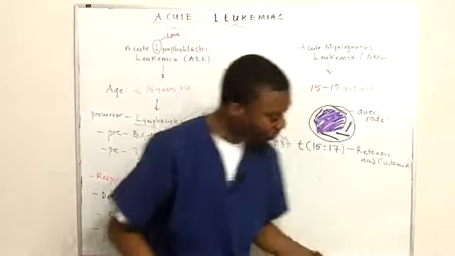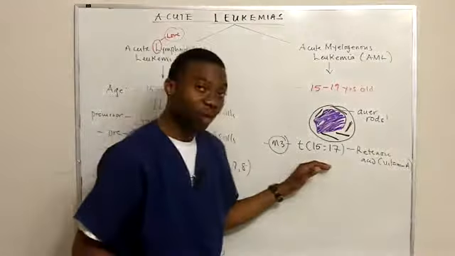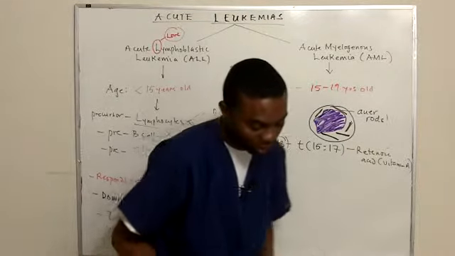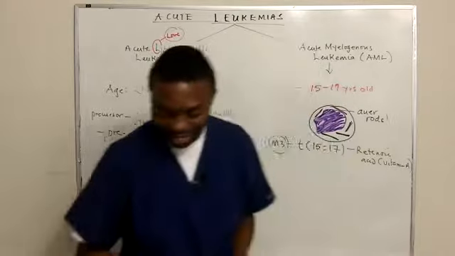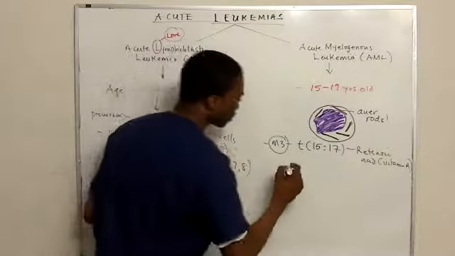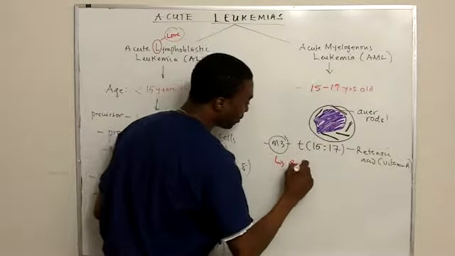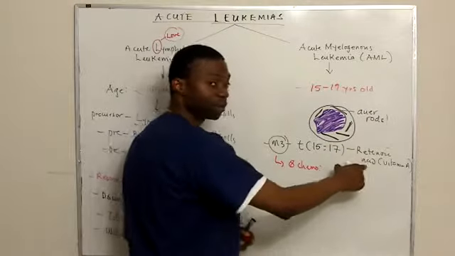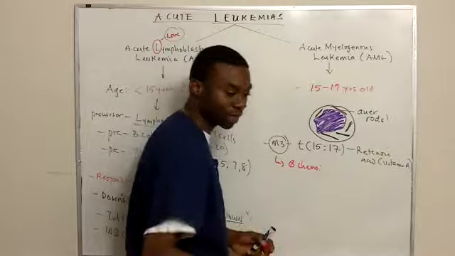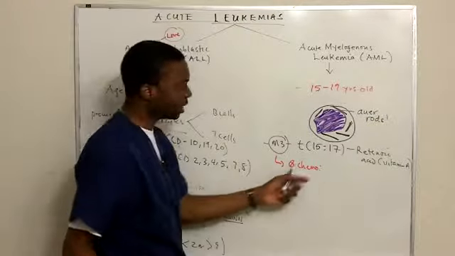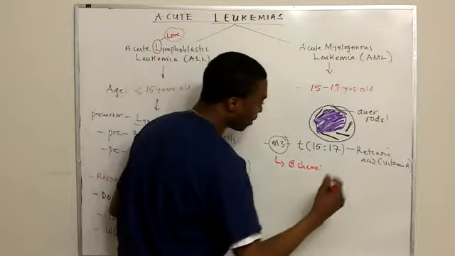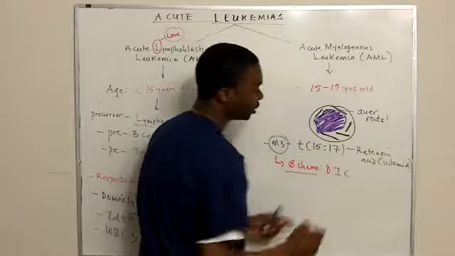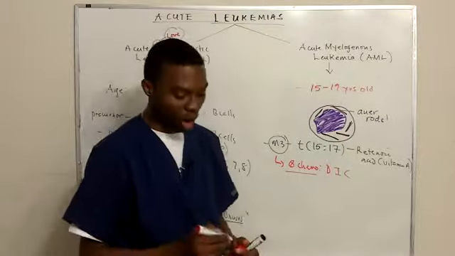So also remember that we cannot blast these patients with chemotherapy, because if we do, they're going to develop DIC. So be careful. No chemotherapy if a patient has the M3 form, because we can just give them vitamin A and basically convert the immature cells to mature ones. But if you do chemo, the patients are going to develop disseminated intravascular coagulopathy.